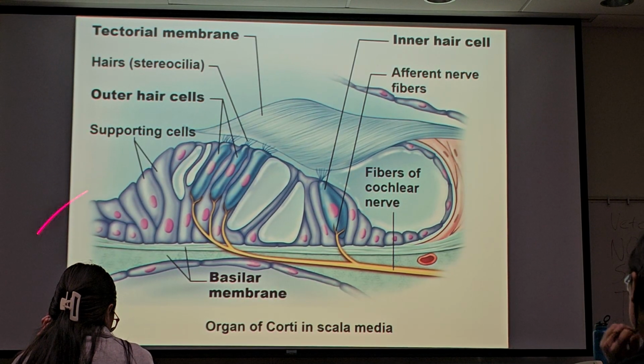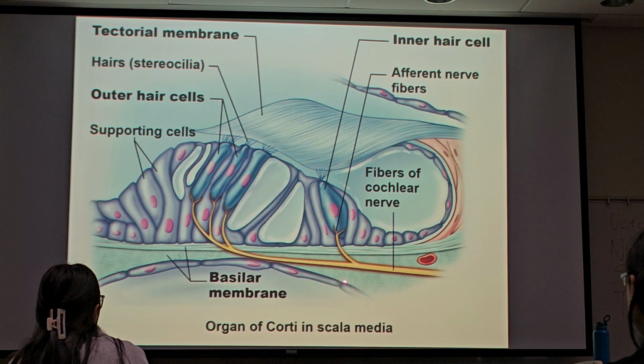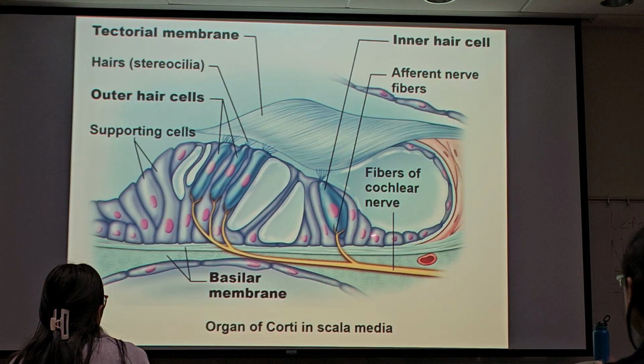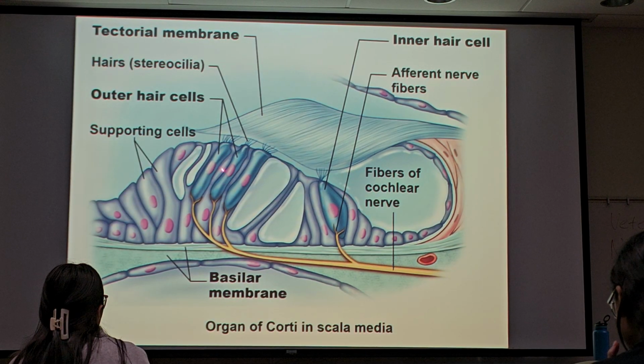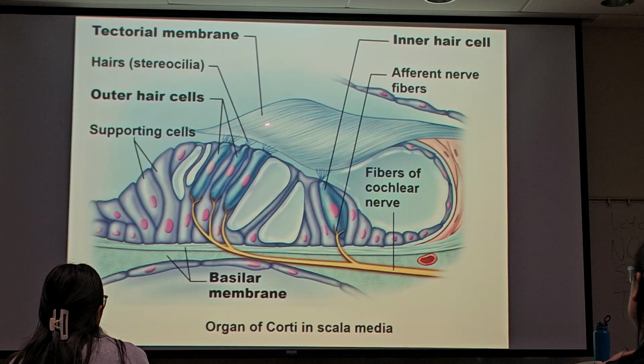Okay, let's make our way around here. There's that basilar membrane, the organ of Corti sitting on top of it, where we have hair cells that have their stereocilia. Here's that tectoral membrane that's lying on top of the hair cells.